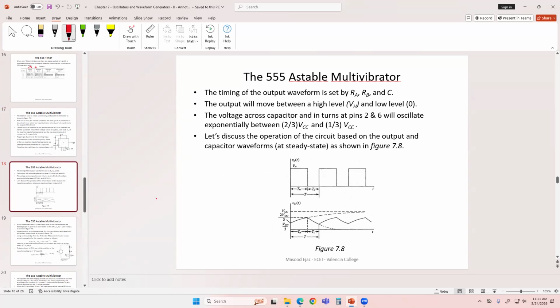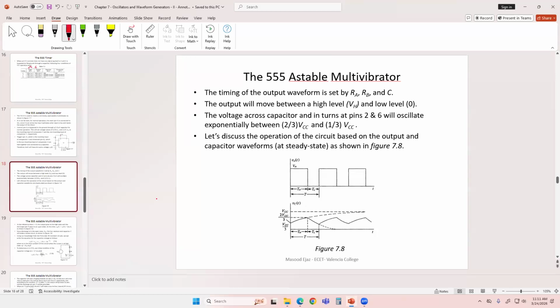The output will move between high level, which is a high voltage, and low level, which is 0, because the biasing is done only positive and 0. So it's going to go between the positive value and ground. The voltage across the capacitor is the same as at pin number 2 and 6.